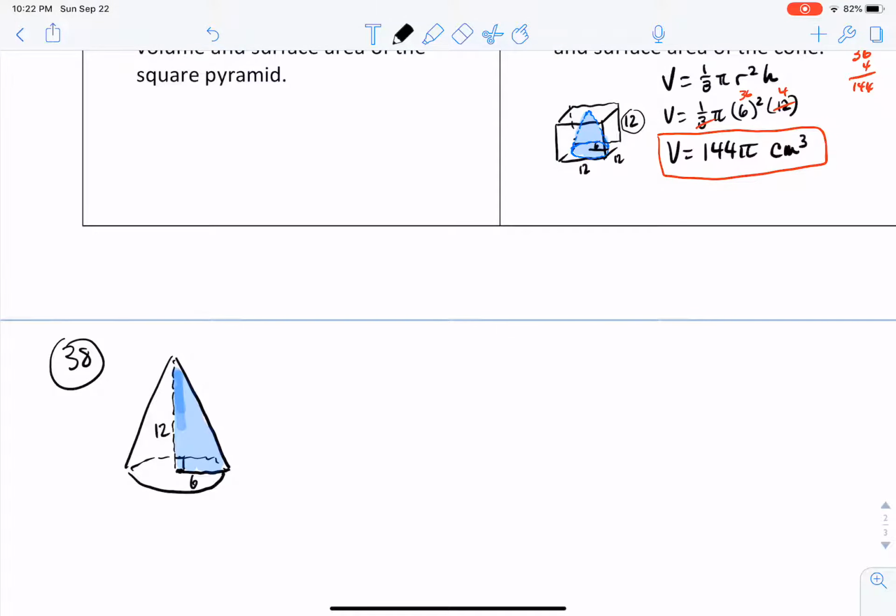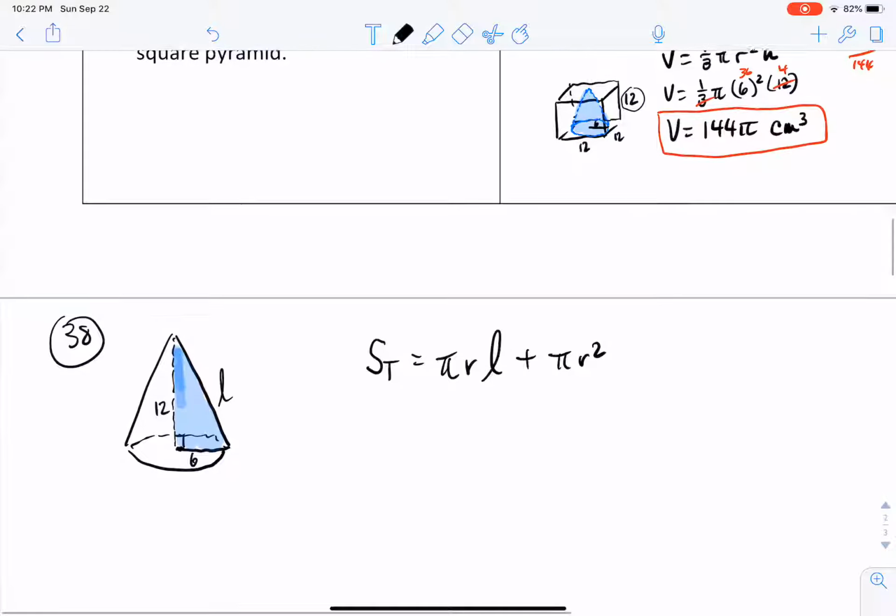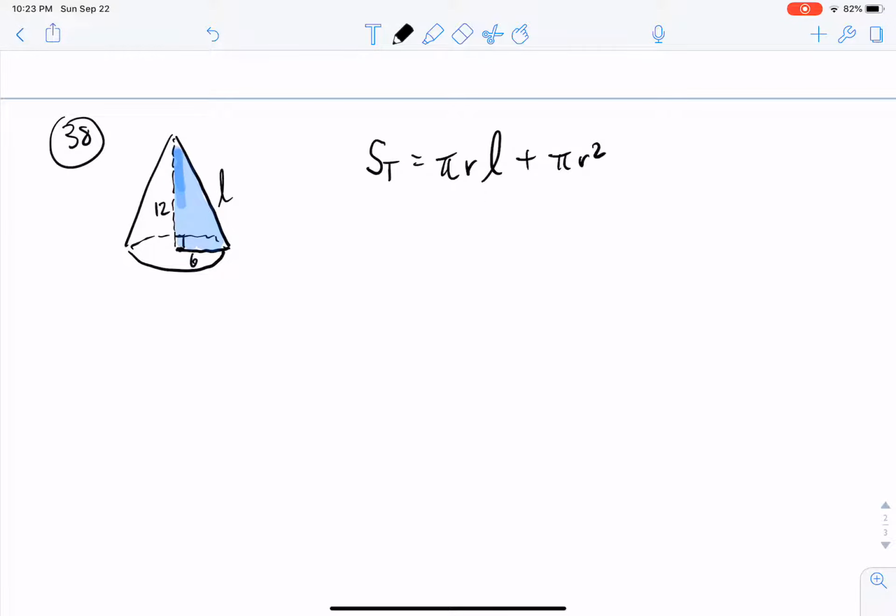As far as the surface area is concerned, we've got pi r L, the slant height, plus pi r squared, the circular base. We can get that circular base and the radius very easily, but we'll have to use the Pythagorean theorem to find that slant height.